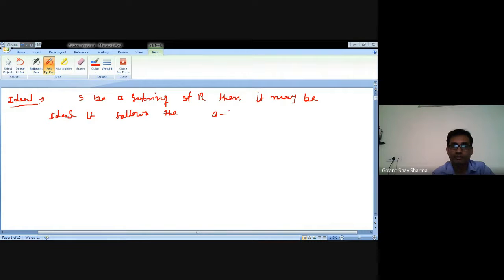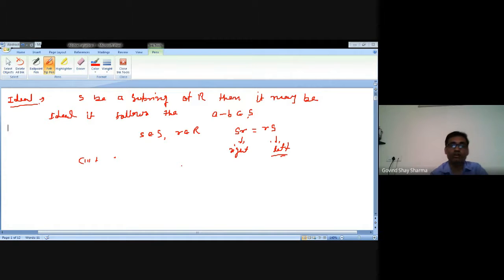First, a minus b belongs to S, and if s is an element of S and r is an element of R, then sr belongs to S. This is a right ideal, and this is a left ideal. Third, a subring is called an ideal if it follows the cancellation.